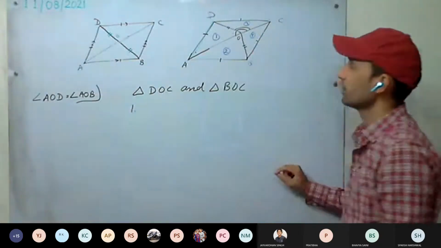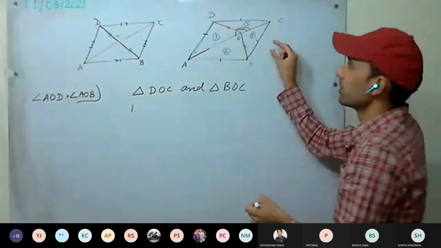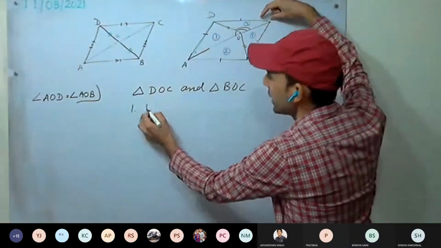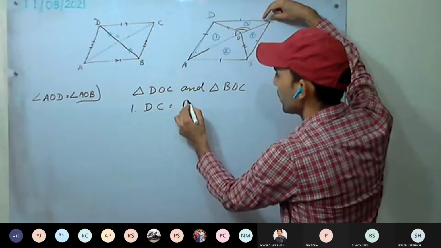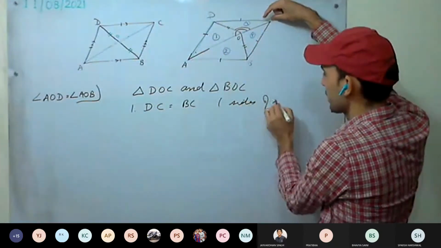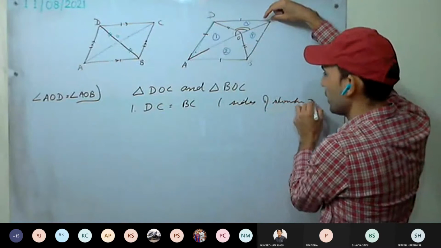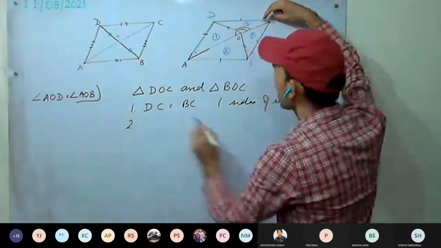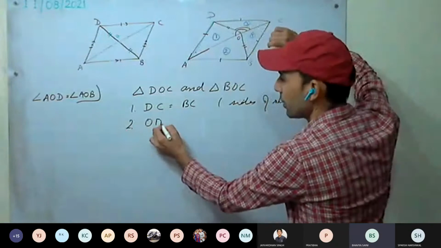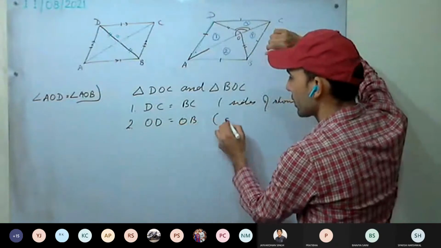First, OC is common. We can write DC equal to BC, sides of rhombus are equal. Second, OD equals OB, it is given.